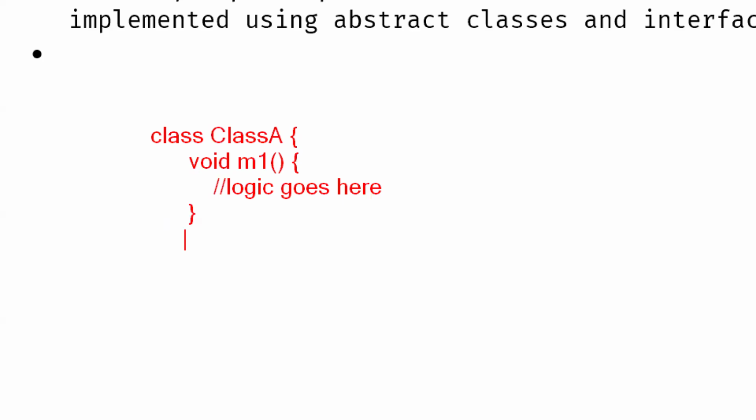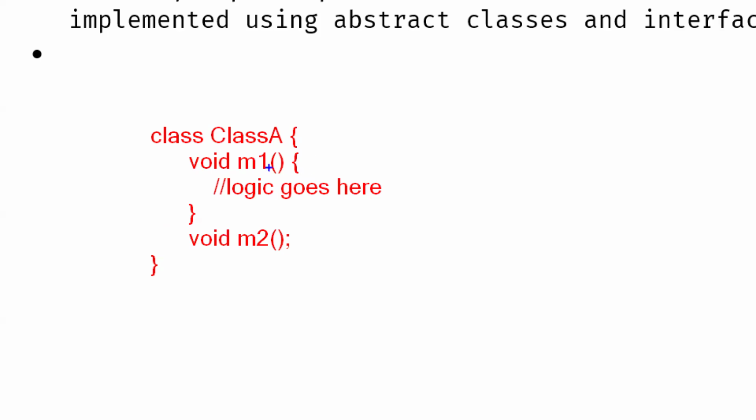I have one more method like this: void m2, semicolon. Guys, how many methods are there in class A? Two. Could you name them? M1 and M2. Correct.